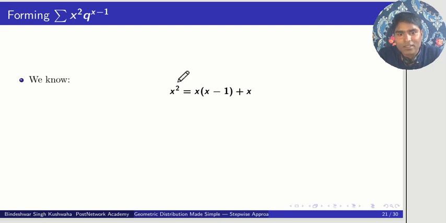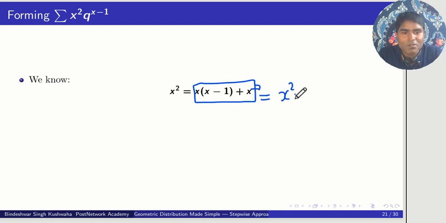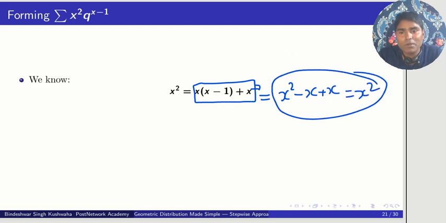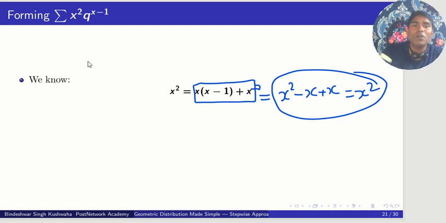This trick we will use, and we also used it in the binomial distribution. That means it is equal to x square, because here x square, x will get cancelled by minus x, so that I can calculate x square minus x plus x, that is equal to x square. So this trick and differentiation will be used to find the variance of random variable x.